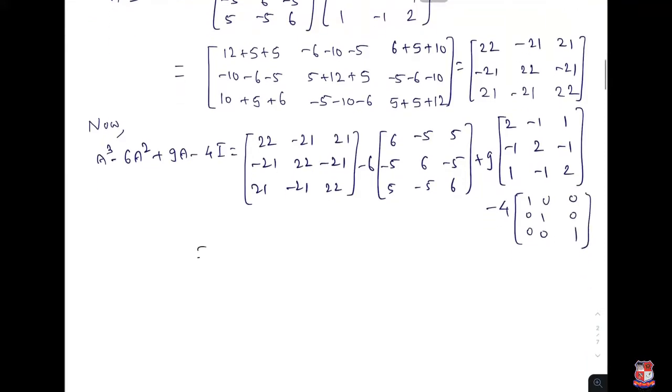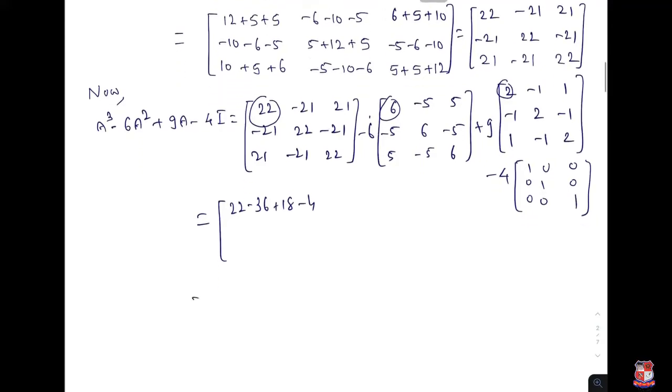So let us take the first entry: this is 22, then this is 6 multiplied with minus 6, so minus 36, 2 into 9, so 18, and 1 into minus 4, so this is minus 4.